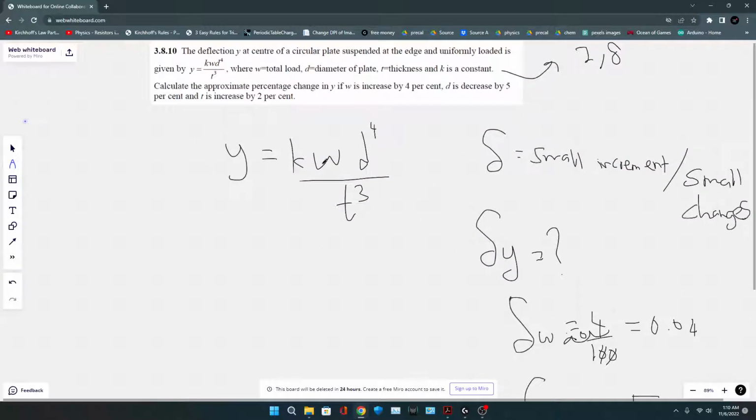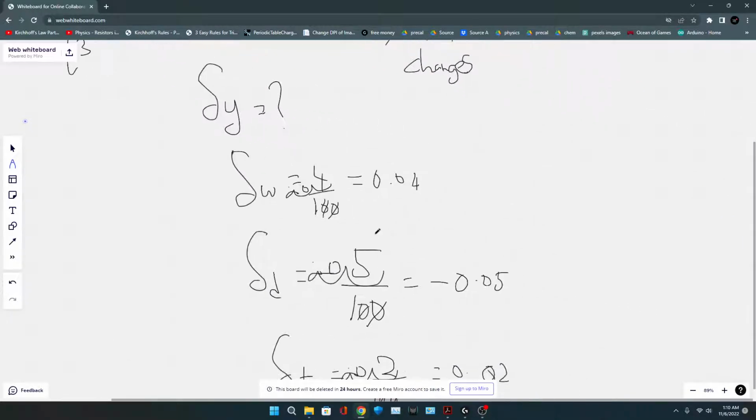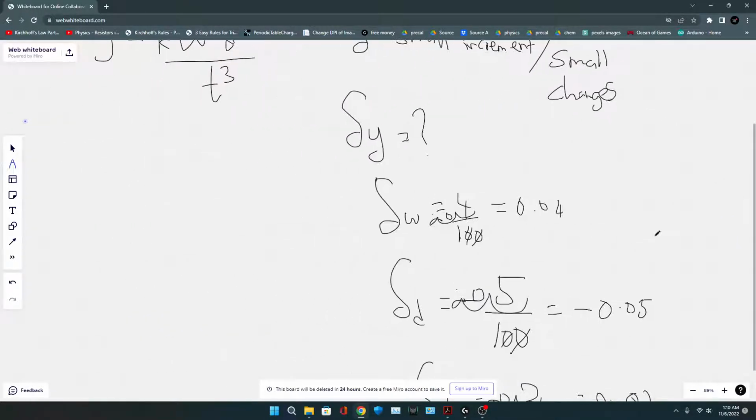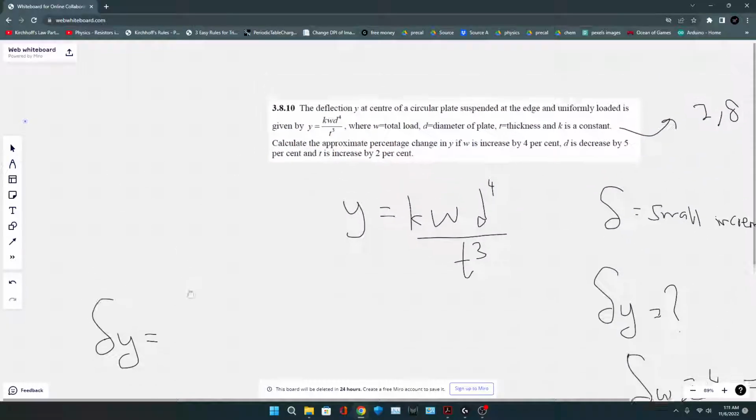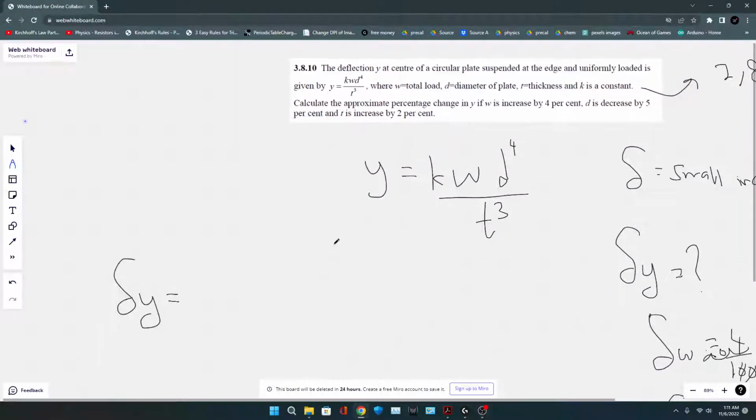And then dia cakap apa tadi? Calculate dia nak small increment of Y. By default, kalau nak dia punya formula dia adalah small increment, dia punya formula would be ni delta Y. This is a small increment of Y. Small increment of Y is equivalent to y equivalent to kwd to the power 4 divided by t cube.